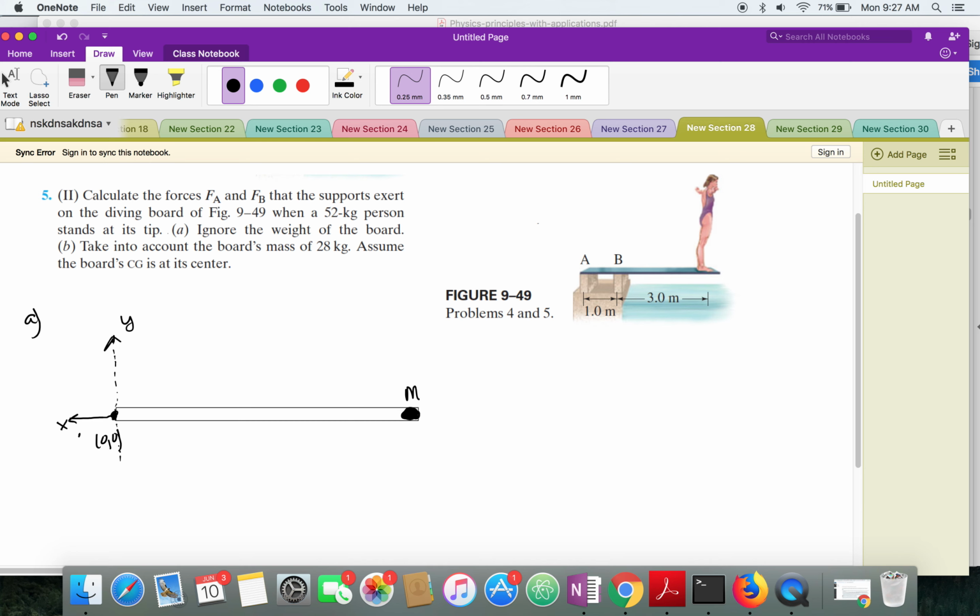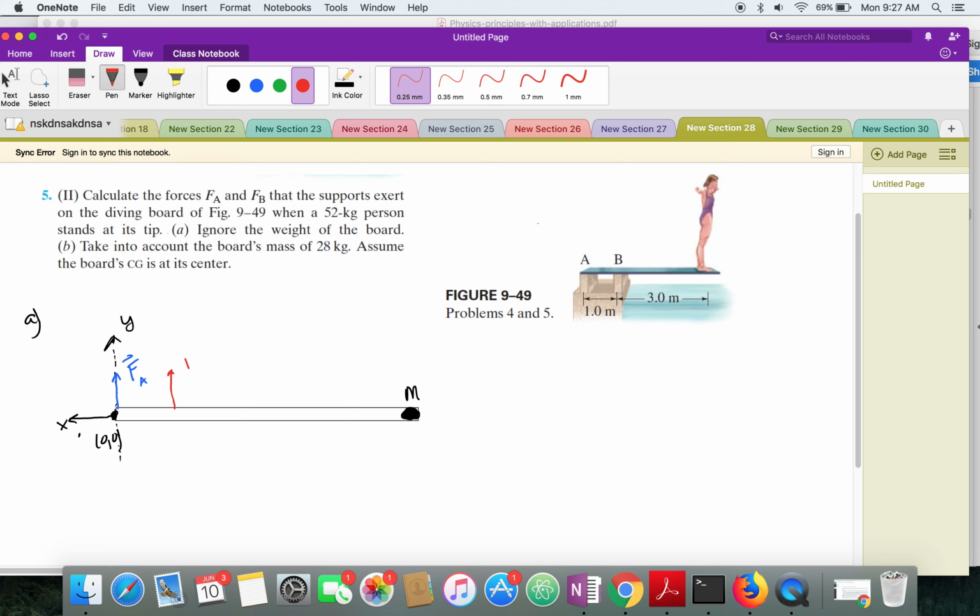Okay, so for part A, we just want to know what the forces are. There's a force going up here, Fa, because the diving board is pushing down, so there's an upward force there. Then we have Fb, over here, also pointing up. These are the forces that the two supports are exerting.